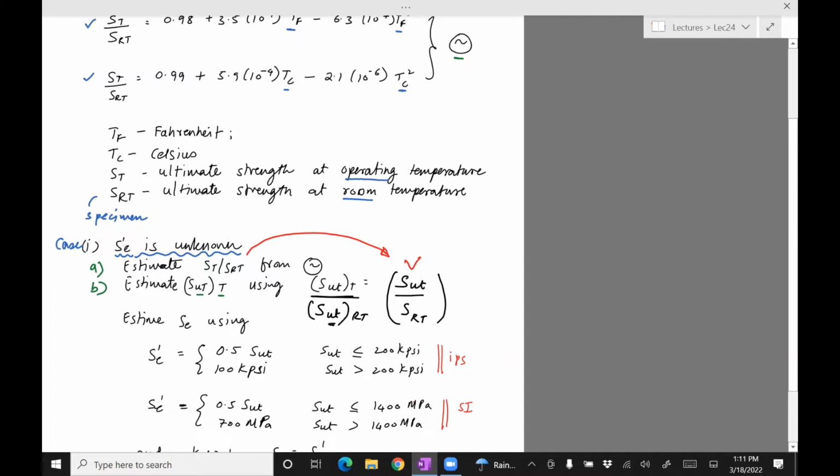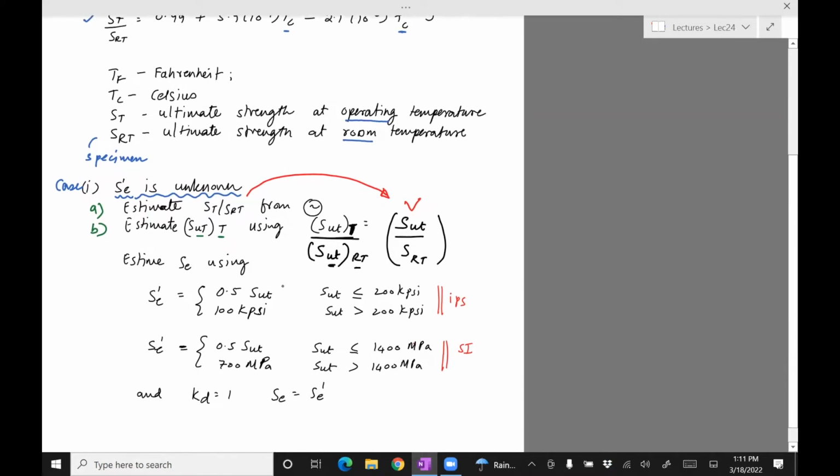Now, ultimate strength at room temperature is again known. That's something which is provided to you in tables. So you can compute SUT at temperature T, that is the operating temperature. So once you have SUT at T, that goes inside these equations. And then you get Se prime. So we've seen this equation for Se prime, just that SUT now is not at room temperature, but it is at the elevated temperature T.